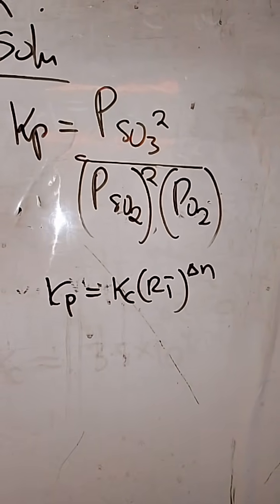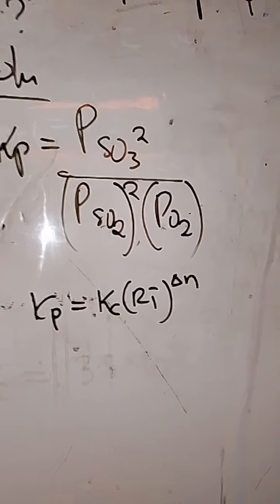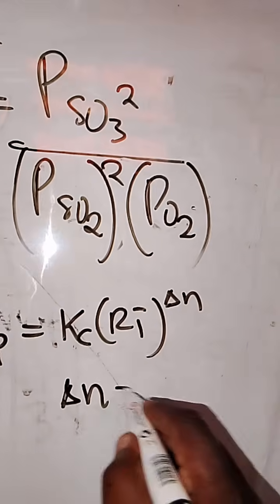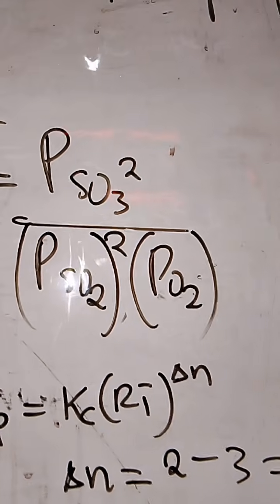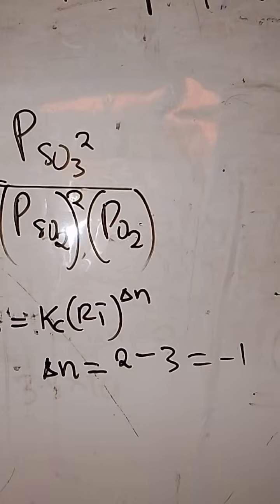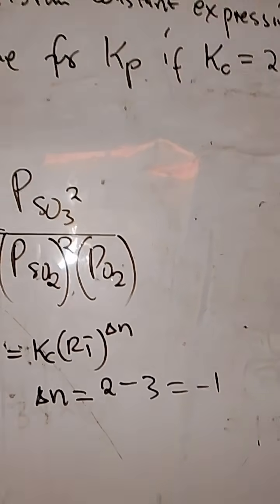The others are known already. So delta n is equal to 2 minus 3, which is equal to negative 1. That is our delta n.